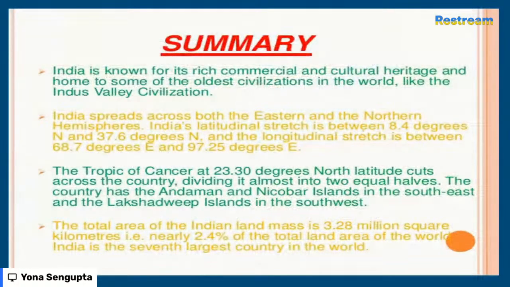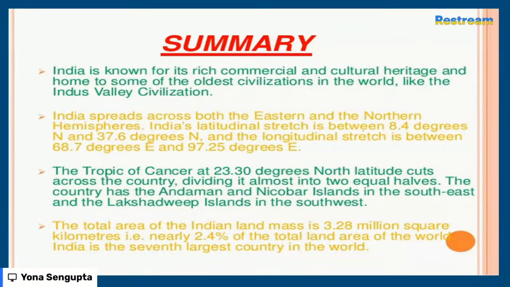Next, a little summary. India is known for its rich commercial and cultural heritage and is home to some of the oldest civilizations of the world, like the Indus Valley civilization. India spreads across both the eastern and northern hemispheres.